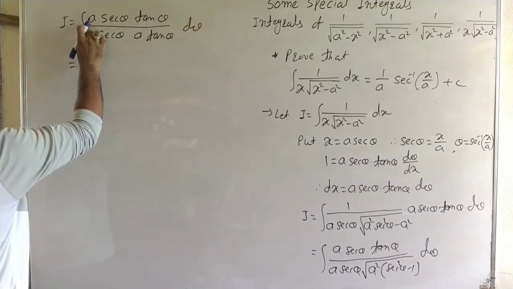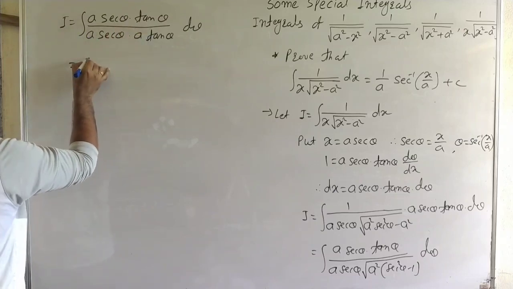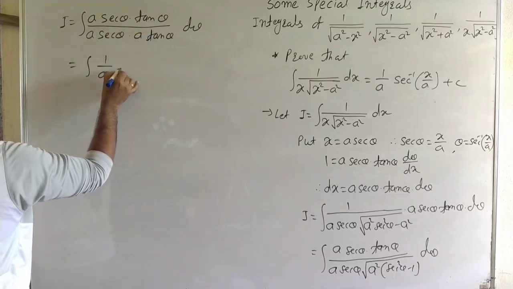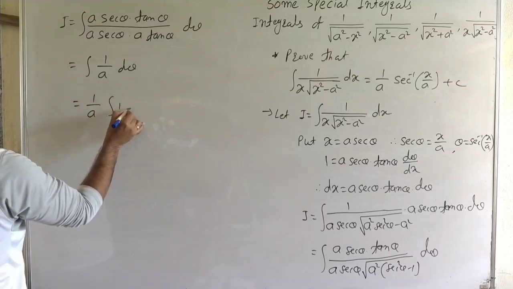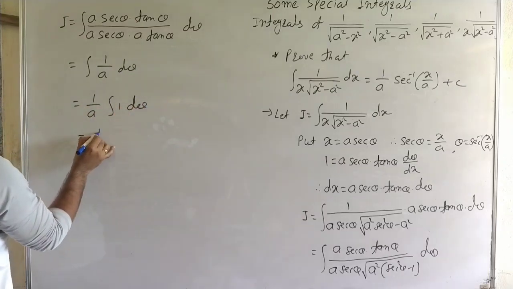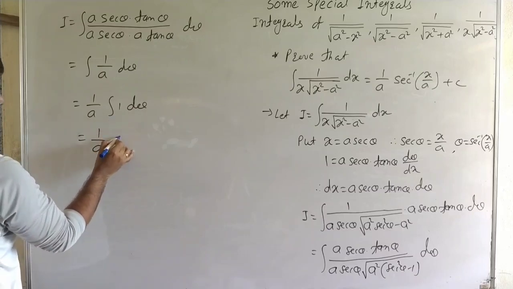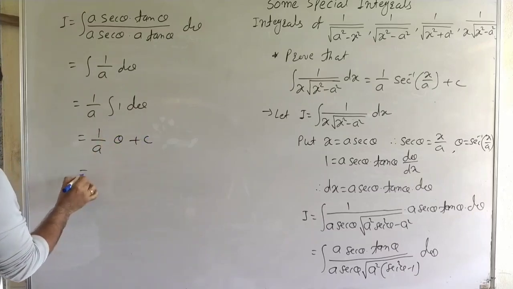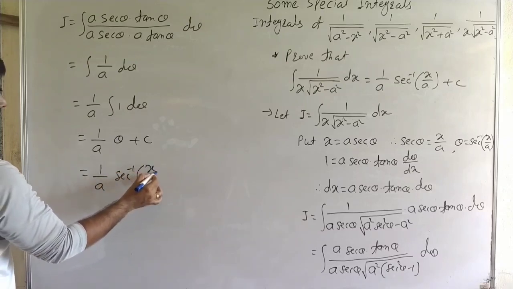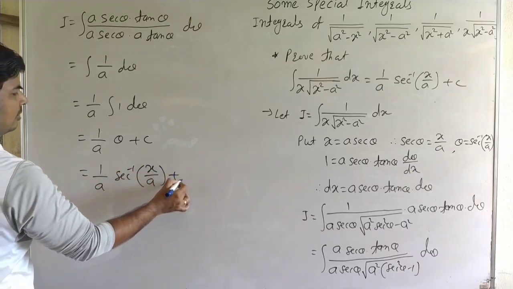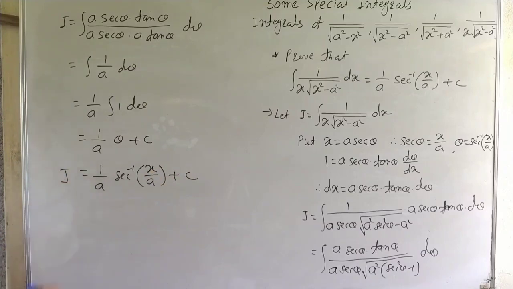And now a sec theta tan theta gets cancelled, remaining only 1 by a d theta. Then 1 by a is a constant, integral of 1 d theta is 1 by a theta plus c, and the value of theta gives 1 by a sec inverse x by a plus c. It is the integral, it is the proof.